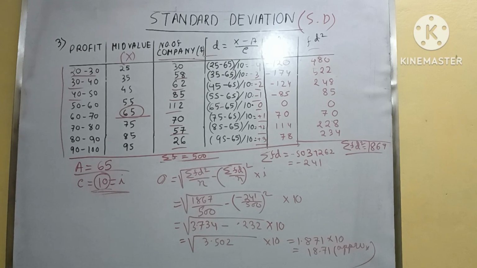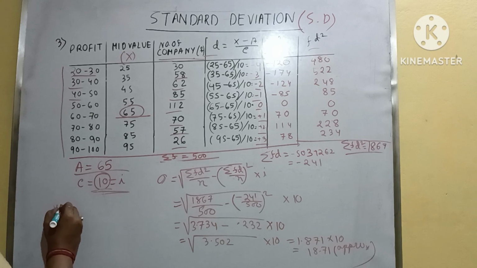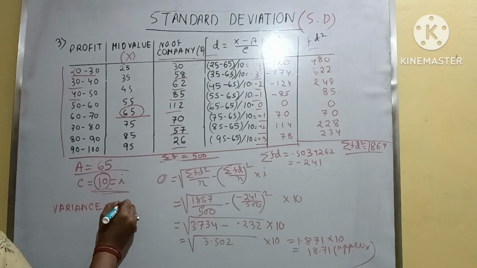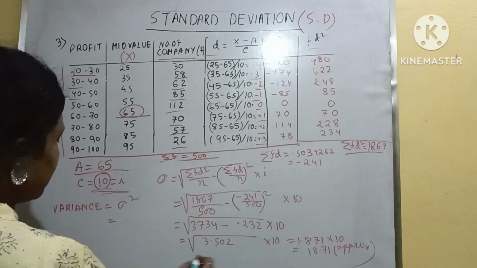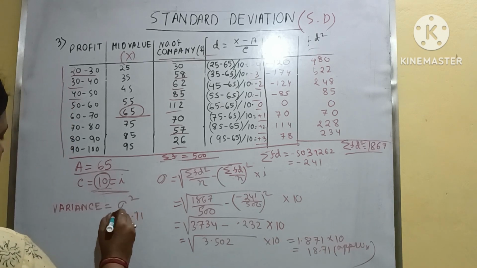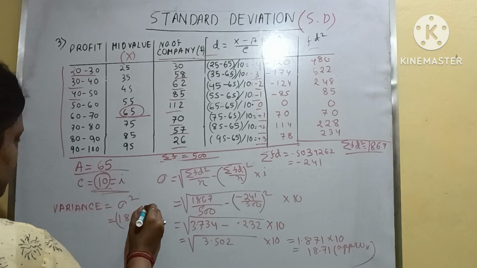And here another term is there: how to calculate the variance. Variance is sigma square. So sigma is this one, 18.71, squaring this.